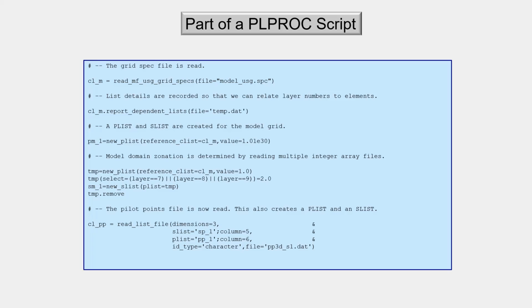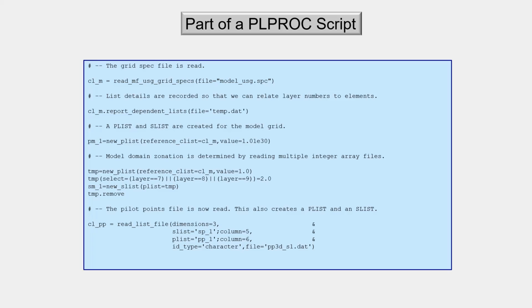As stated, not only can we interpolate, we can do mathematical operations between pilot point arrays and model grid arrays, and do things even a little more complicated than that. And so we can build a parameter field for a model through a series of steps. These steps are expressed through the functions that we can call when we run PL-Proc.